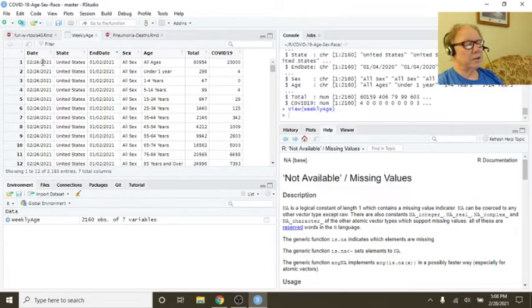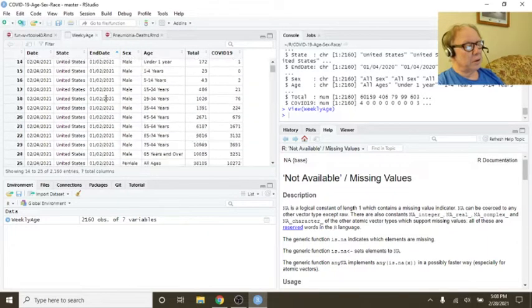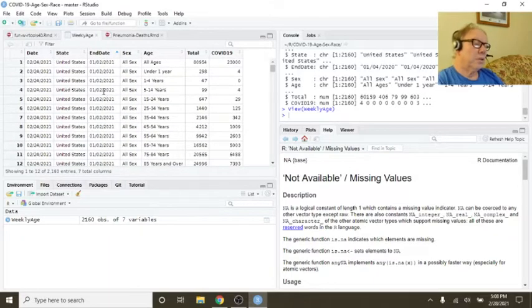Okay, so the analysis is run on 2-24, but the end date is only 1-20.